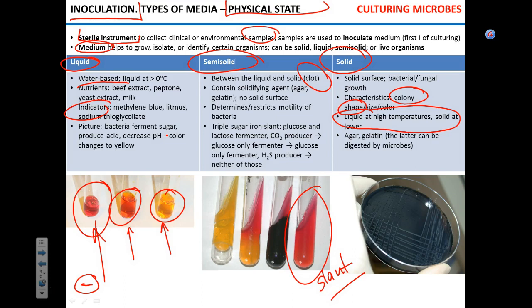Why do we call it semi-solid? If you flip the tube and hang it, after some time, that semi-solid medium will slowly move down. So it's not completely solid, but it's not liquid either. Now, what do we use semi-solid medium for?